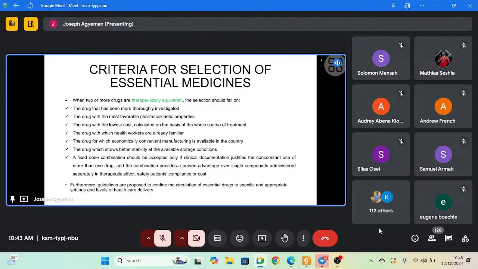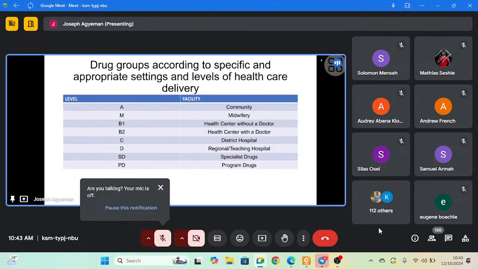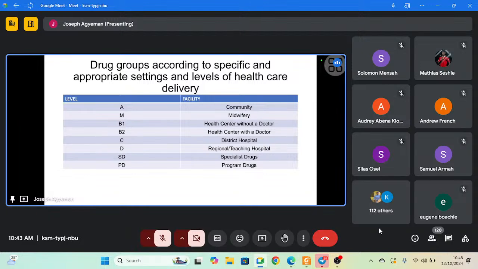And according to the essential medicines list, level of care has been grouped into this. Please note this. This is very, very important. This goes with the type of medicines that each level of care is allowed to handle. If you check the NHIS list, you will see that every drug has a superscript.